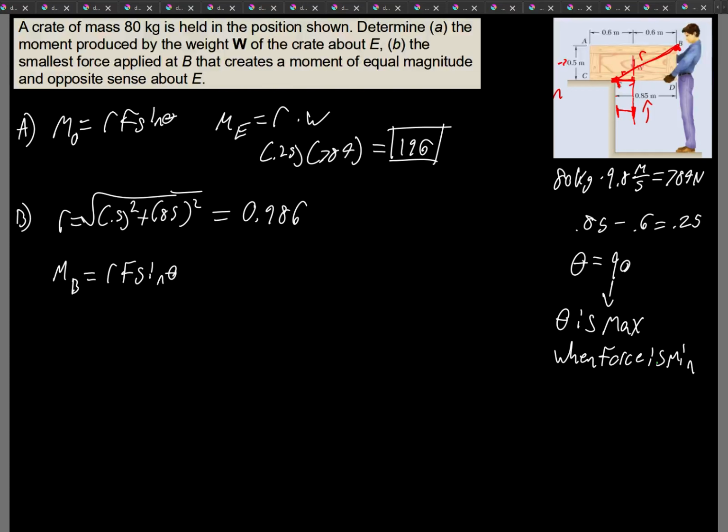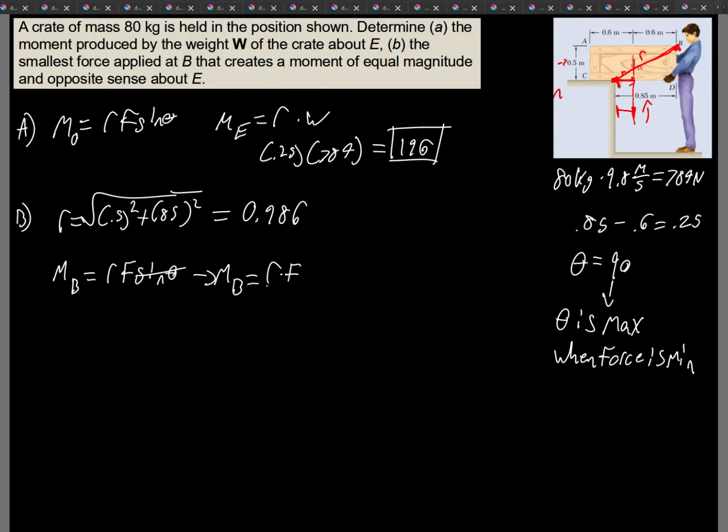So now that we know this, our MB is going to be F, sine theta is 1. So then this means that MB equals R times F.